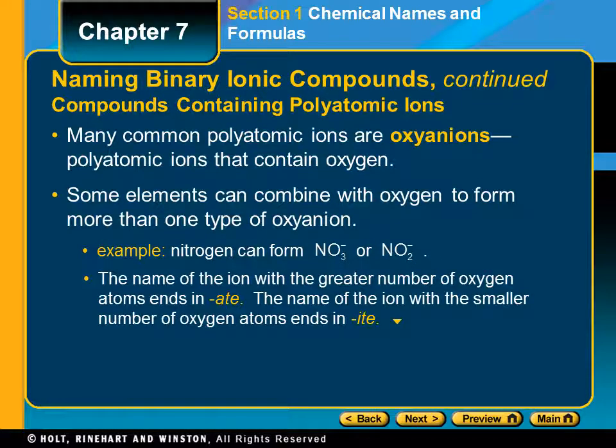The name of the ion with the greater number of oxygen atoms ends in ATE. The name of the ion with the smaller number of oxygen atoms ends in ITE. Notice, guys, one of the things you're getting here, once again, are rules that need to be memorized in order to do these problems correctly. So the NO3 is nitrate, the NO2 is nitrite.